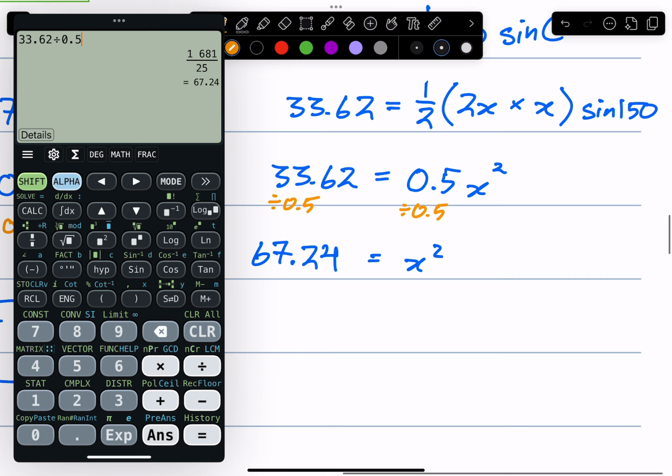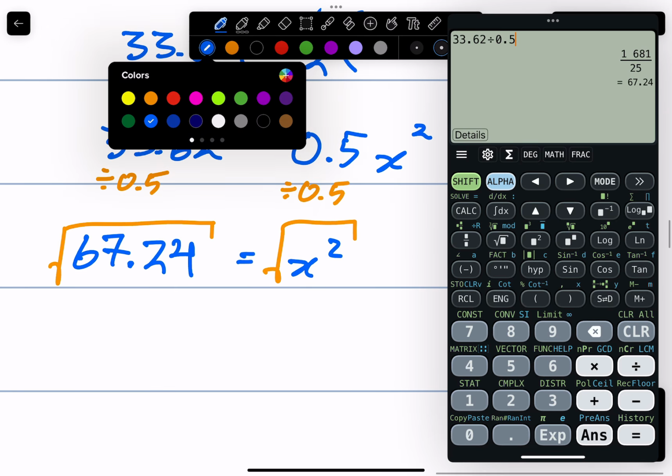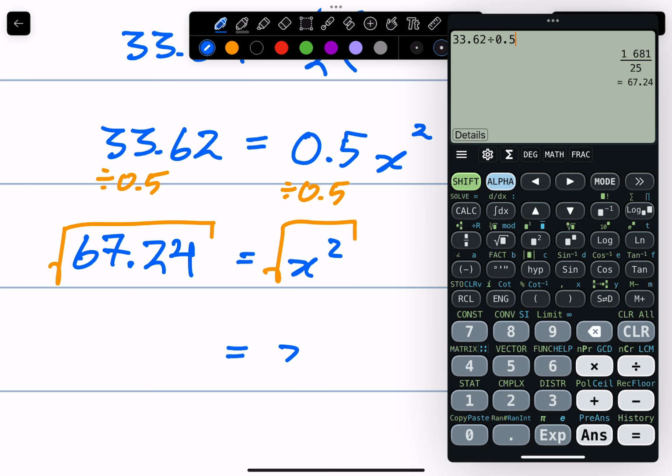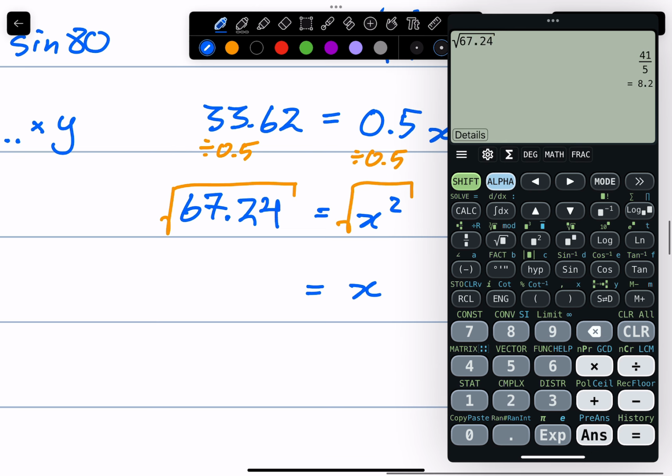The last step here is we take the square root of that value. That will leave us with x on its own. So the square root of 67.24 gets us x equaling 8.2.